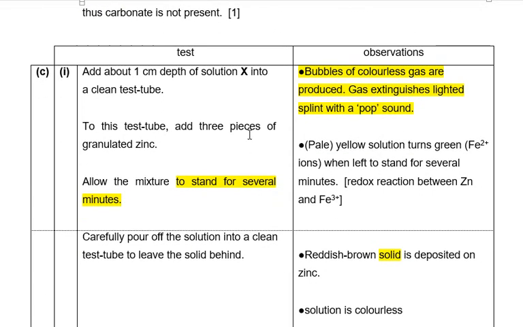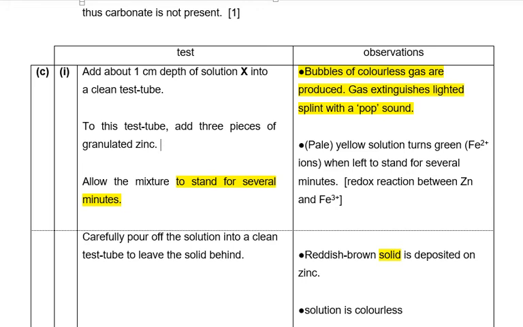Now for part C, you're asked to add 1 cm depth of X into a clean test tube, and then to this test tube add 3 pieces of granulated zinc. Please take note, class, I think I mentioned this to you at the start of the practical. When I add a metal, for example it can be in powder form, it can be granulated, or maybe a ribbon or strip, doesn't matter.